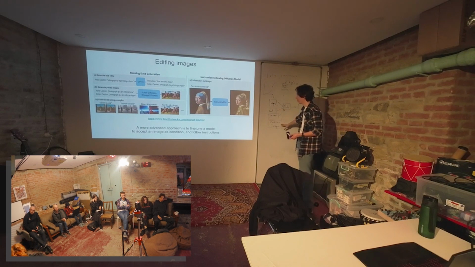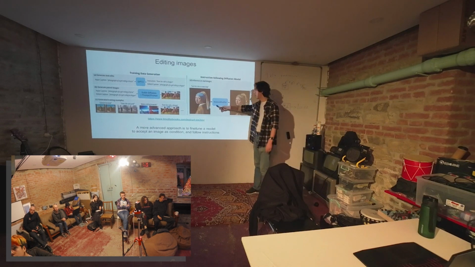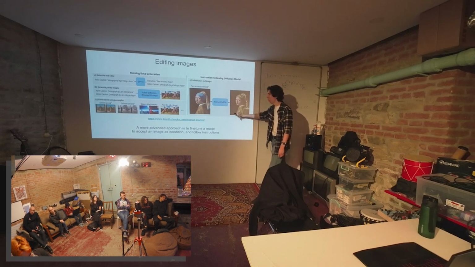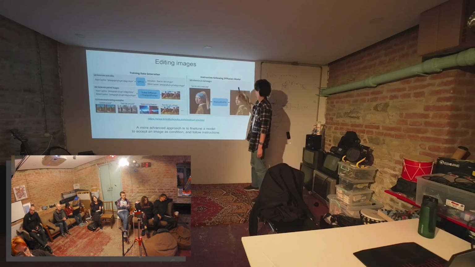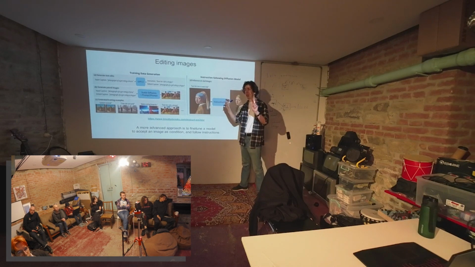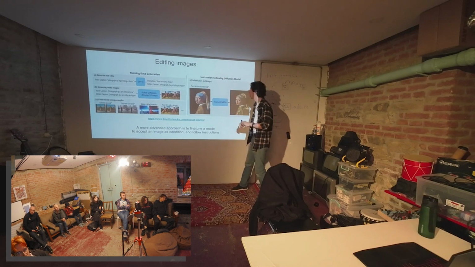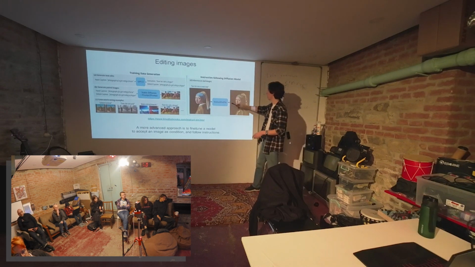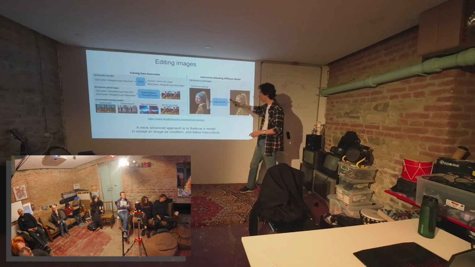So the point is, we can do generation from scratch. This image is generated from scratch using some kind of prompt. But we feed this as a condition during the generation process, like an additional input to the neural network. And this forces the resulting image to look a lot like this initial image.